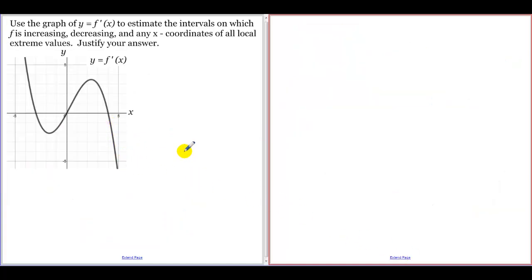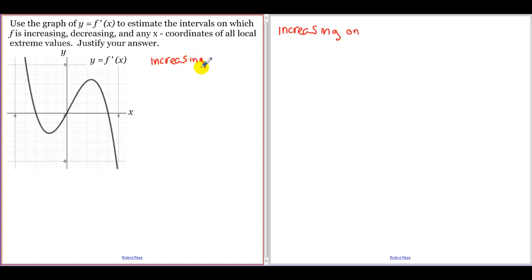Okay, our next example. We are given the graph of the derivative, and we need to estimate the intervals on which we're increasing, decreasing, and the x-coordinates of any extreme values. So, increasing. On what intervals? Now, remember, we're increasing when f prime of x is greater than 0.